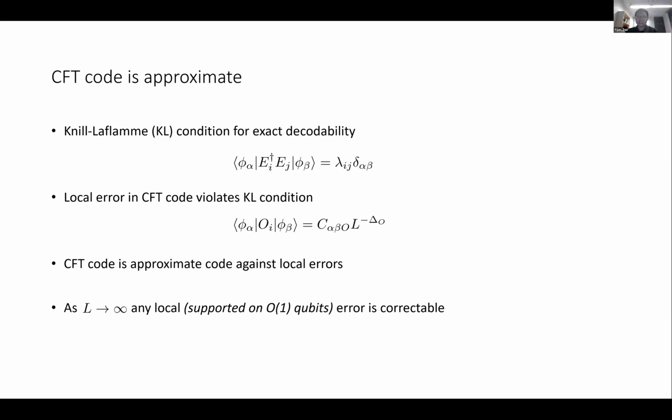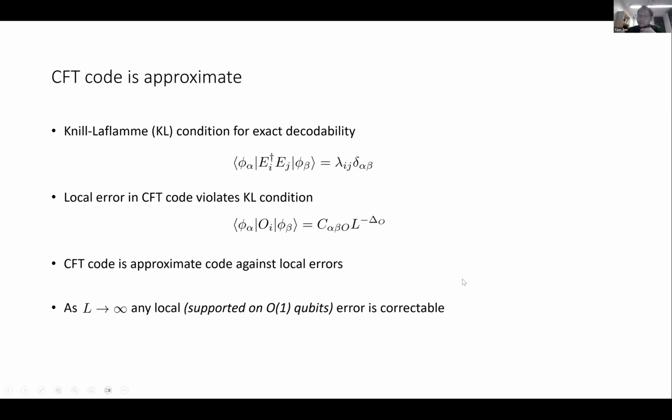If you look at errors like 1 or 2 errors, if you just have 1 error, this error can always be detected and perfectly corrected by the majority vote decoder, right? But for the CFT code, you lose that property.